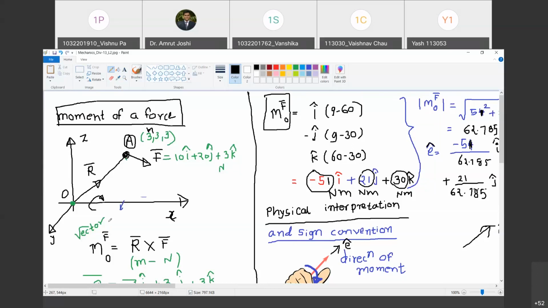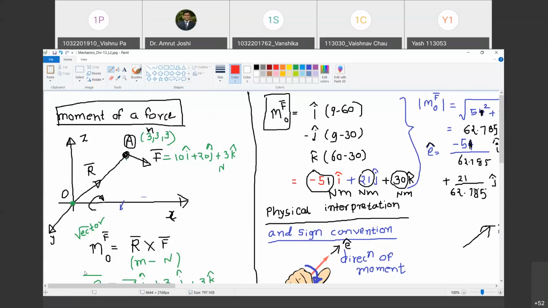Then your thumb of right hand will point in negative X direction and therefore this negative sign. Happy? Yes, sir. So this F bar produces moment about X axis passing through O of this nature, which I have shown by this black arrow. Happy? Yes, sir. And now plus 21 J cap.